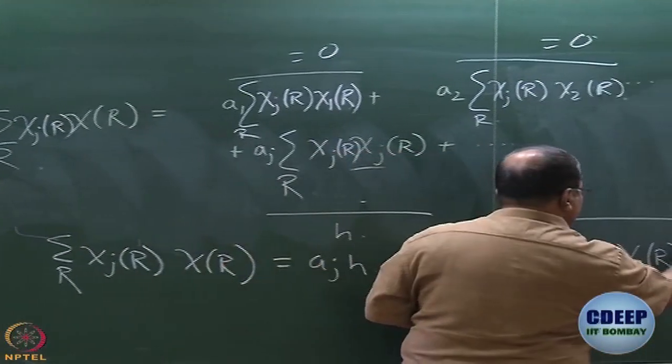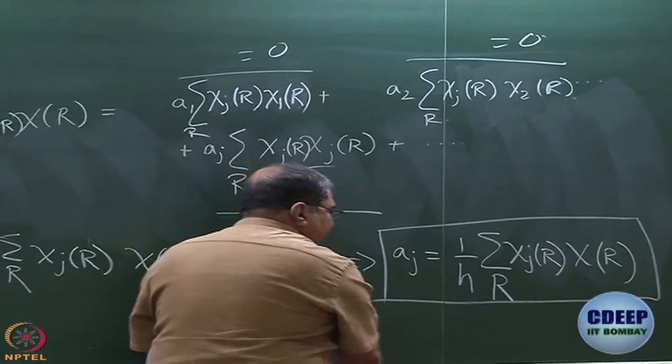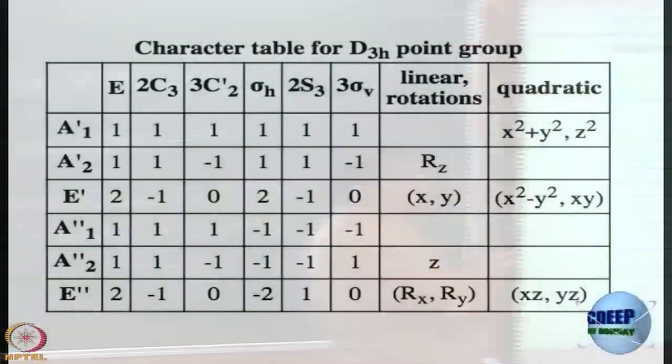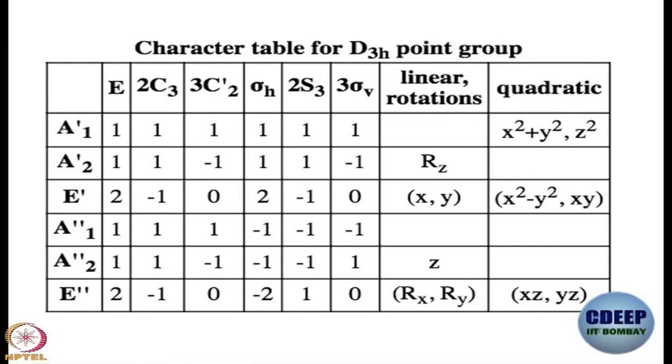What is Aj? Aj is the coefficient of the jth irreducible representation. What is chi_j(R)? It is the character for symmetry operation R in the jth irreducible representation. What is chi(R)? It is the character of the same symmetry operation R in the reducible representation. Okay.